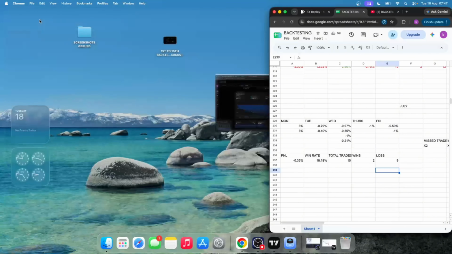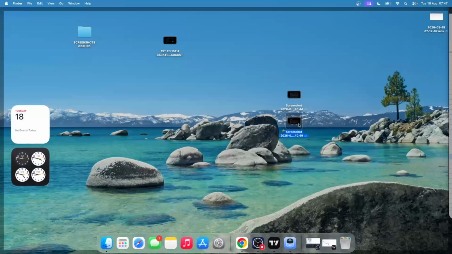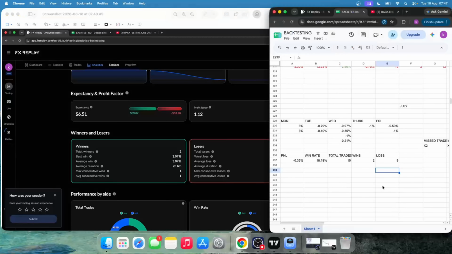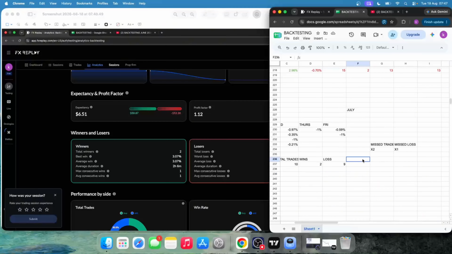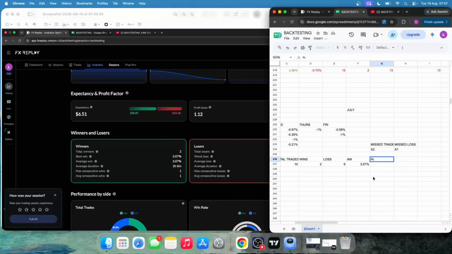Other deals. Oh yeah, average win, average loss. AW, average win 3.07%, average loss minus 0.67%.